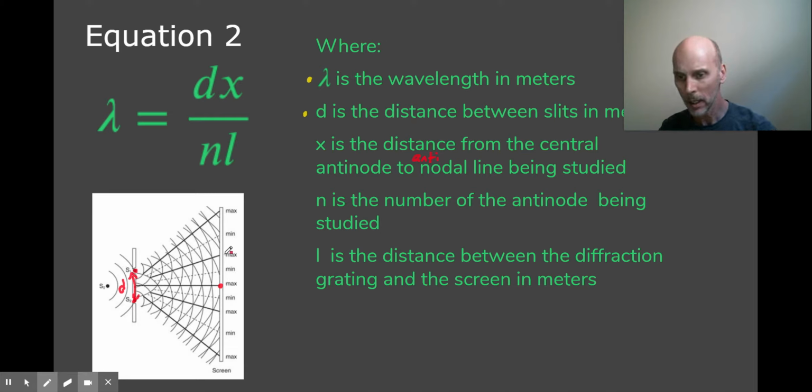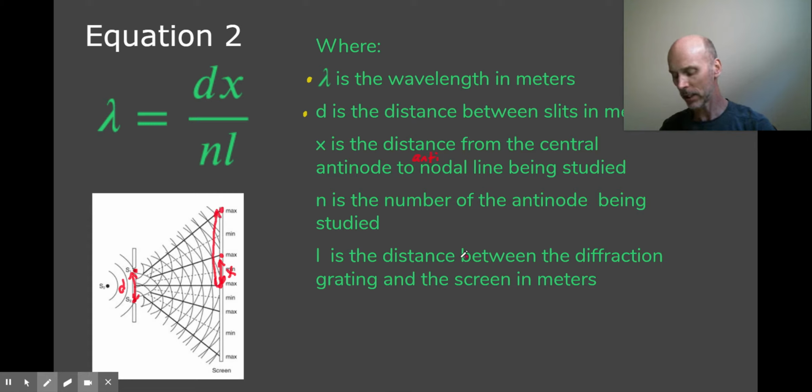And then the one right beside it would be the first one. So if we wanted to study the first antinode, we just measure from here to here. That represents our x. If we wanted to measure the second one way up here, we would measure x from there all the way to there along the wall.